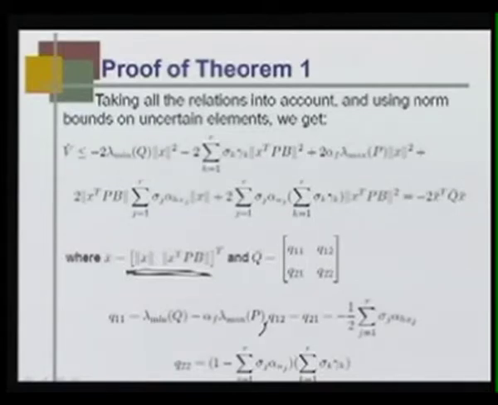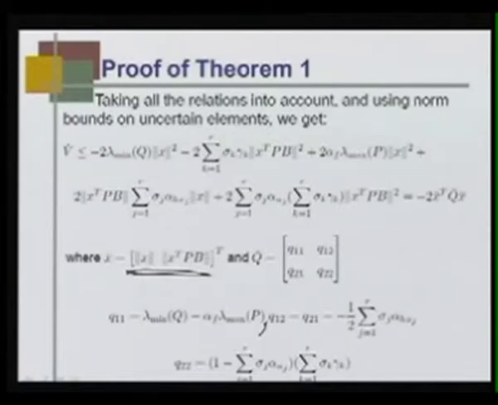If I add that, you see that this x norm square, if I take it common, I get here 2 lambda min q and 2 alpha f lambda max p. If I combine them, I can get lambda min q minus alpha f lambda max p.